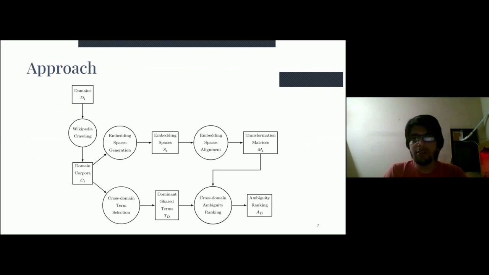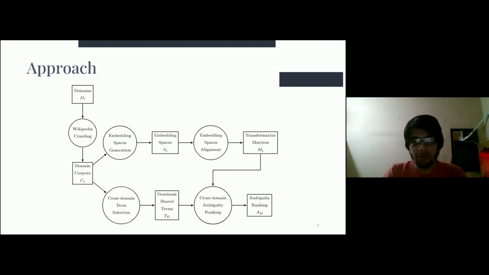So this is a pictorial representation of the approach that we follow. We are given a set of domains, and through crawling Wikipedia articles, we created a domain corpus for each of them. And then there are two parallel processes. First, we create an embedding space, and then we try to align those embedding spaces.